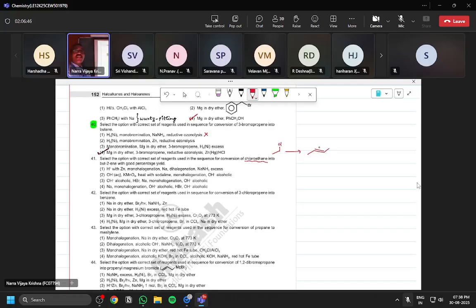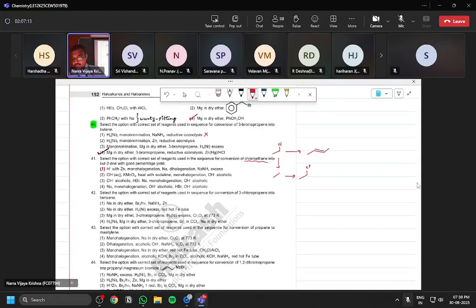Zinc in presence of acids or bases is a reducing agent, right? Then it will convert it to alkane. I am talking about the first option. First it will convert into alkane, then you are doing monohalogenation, so you first got ethane, then monohalogenation again.